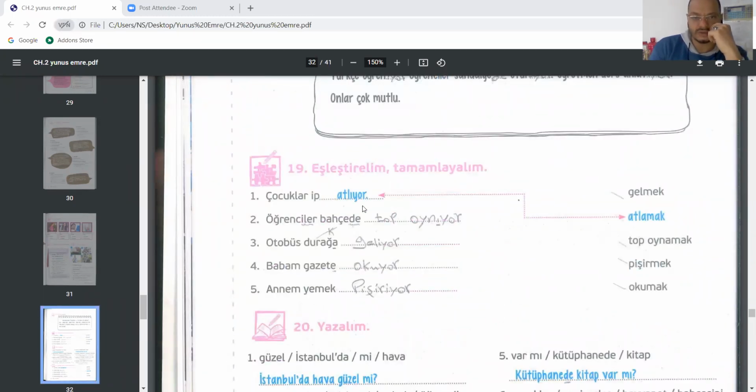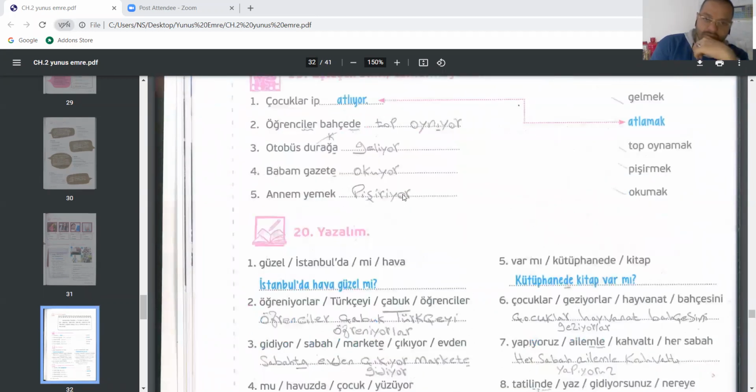Çocuklar ip atıyor. Öğrenciler bahçede top oynuyor. Otobüs durağa. After this vowel letter, this K changed to yumuşak G to be durağa. Otobüs durağa geliyor. Babam gazete okuyor. Anne yemek pişiriyor. All of these verbs are at or follow the present tense form.